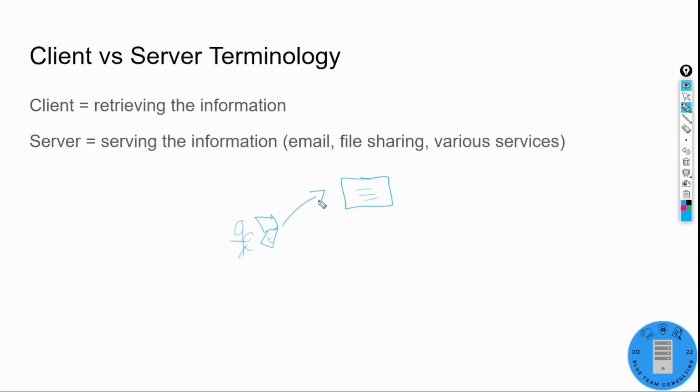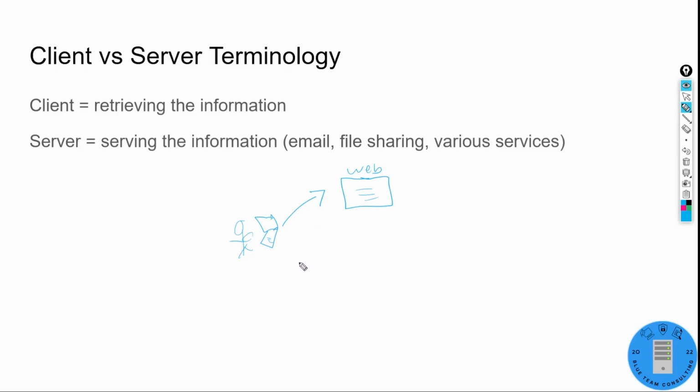We are requesting information from this web server about the information that is contained on the server. So we are the client. The server will be the one sending the website's information back to us in the form of serving data. So client, server, very basic terminology, but we needed to cover it here.